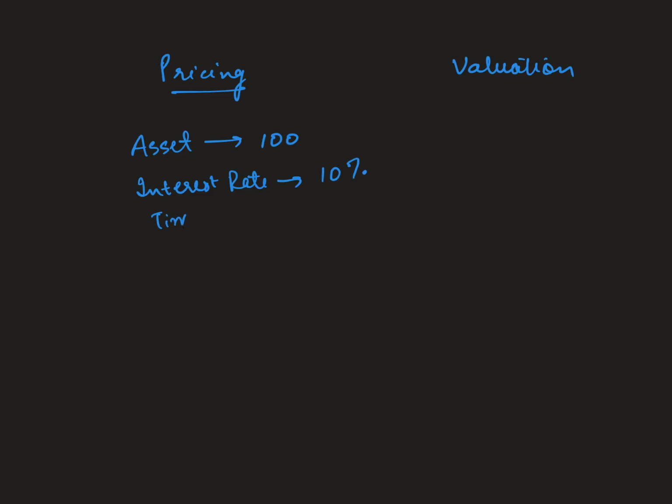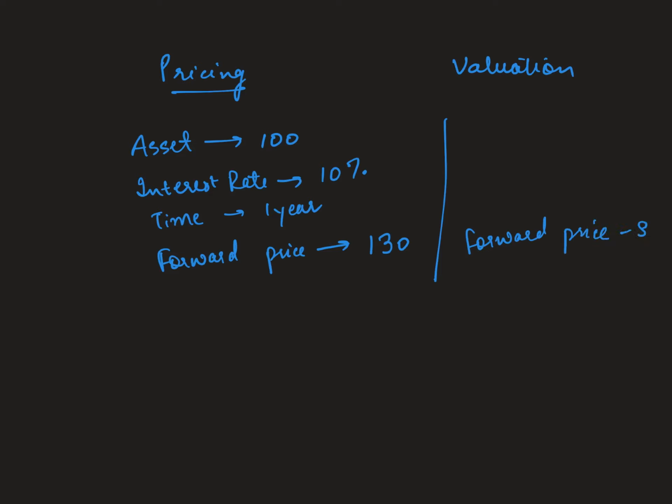And the time period that I'm looking at is 1 year. So the forward price, that is the price at which I can get the asset 1 year down the line, is 130. All right. So we're going to see two scenarios, 130, 80.